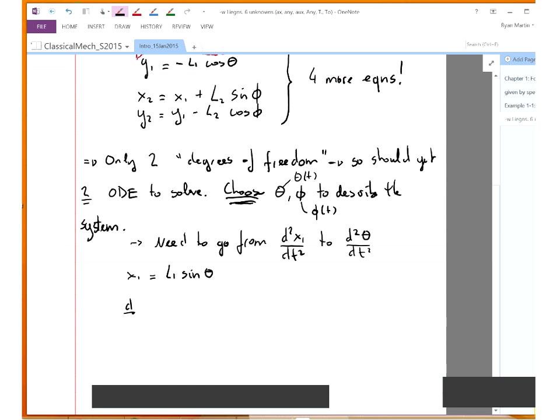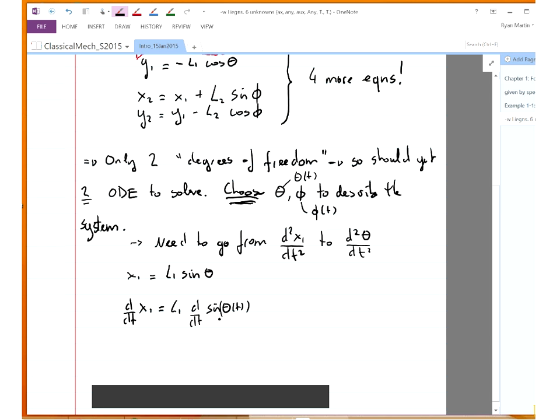And let's do d by dt of this. So d by dt of x1, so L1 is a constant, right? It doesn't change with time. So it's equal to L1 d by dt of sine theta. Let's be real explicit, it's sine theta of t.